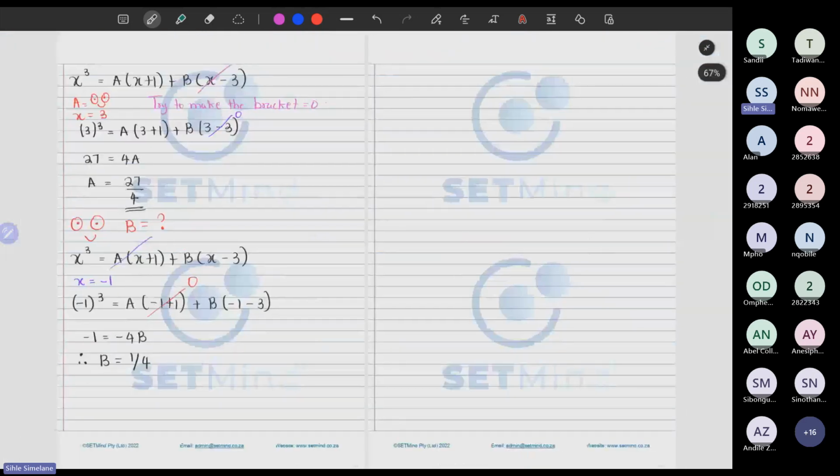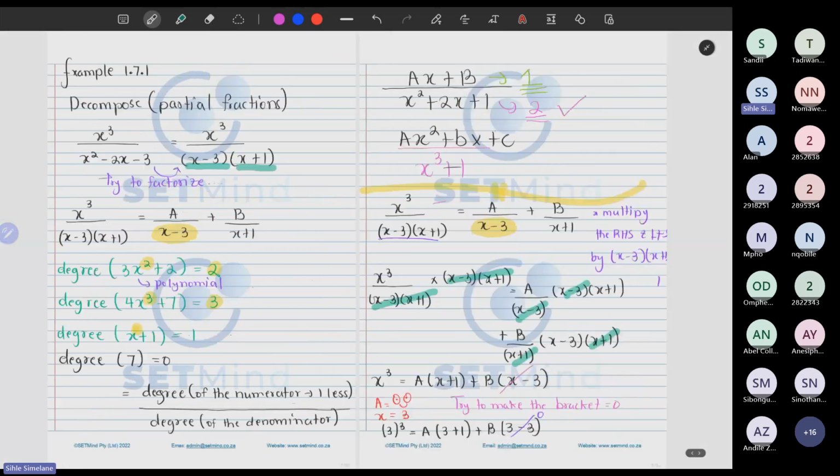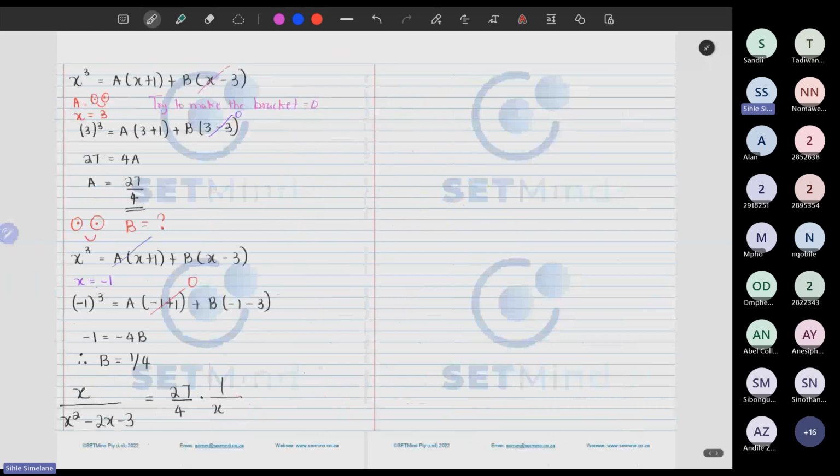So our partial fractions, X over X squared minus 2X minus 3, that will be our A we found as 27 over 4. So that will be 27 over 4 multiplied by 1 over, let's see what the A was multiplying, X minus 3, plus our B is 1 over 4 multiplying 1 over our X plus 1.